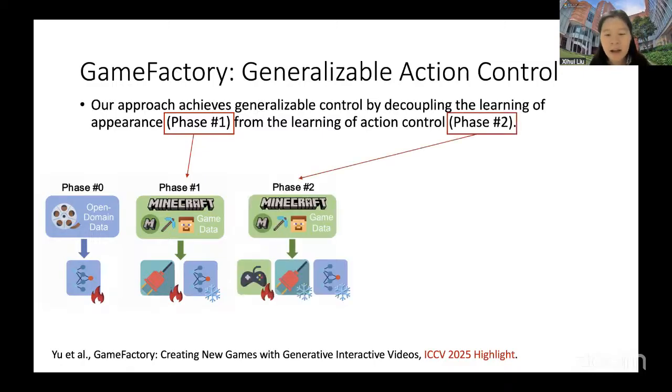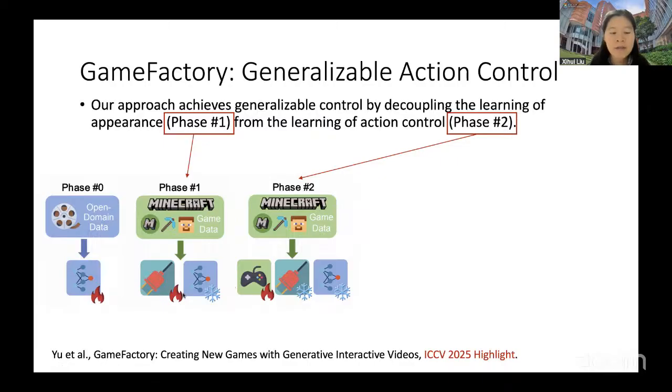After we have this LoRA absorbing the style information from Minecraft, then we can do phase two. In phase two, we inject an extra action control module on top of the pre-trained model, and then we fix the pre-trained parameters as well as the LoRA that we trained in phase one, and we only train the parameters of this action control module.